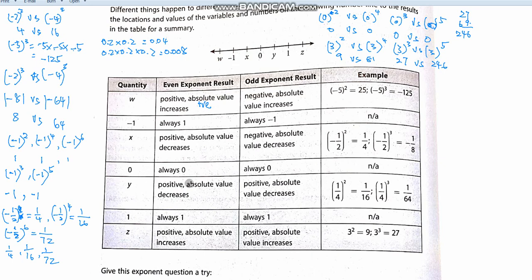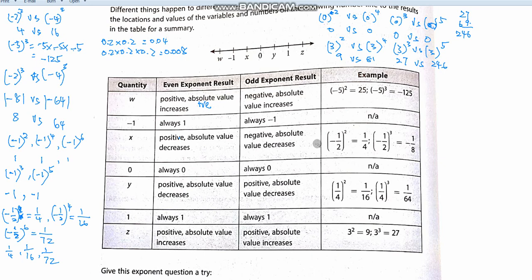When x is in between 0 to -1, you see that with an even power it is positive, and with an odd power it is negative. And as you know, if you have a fraction, 1 over 2, 2 over 3, 3 over 5, and you keep on multiplying, it becomes smaller and smaller, just like in this case or this case.